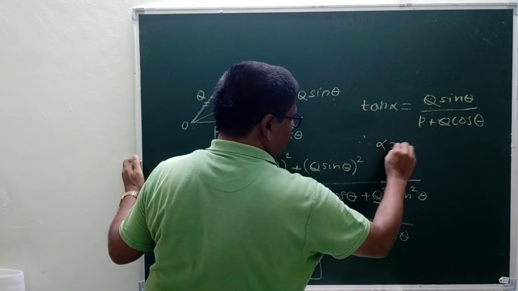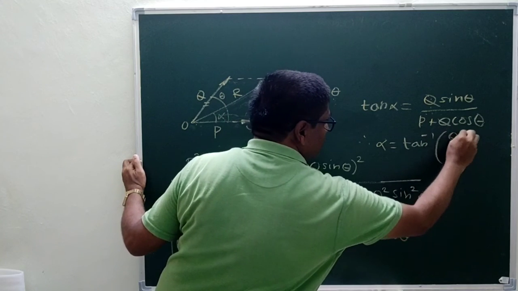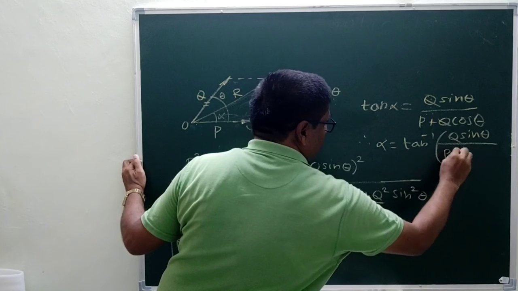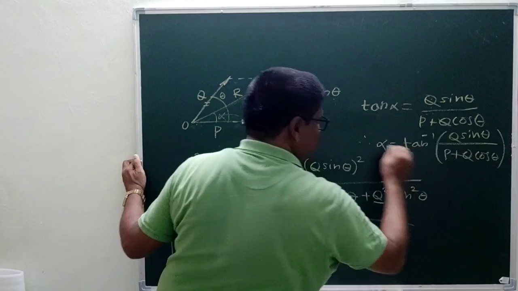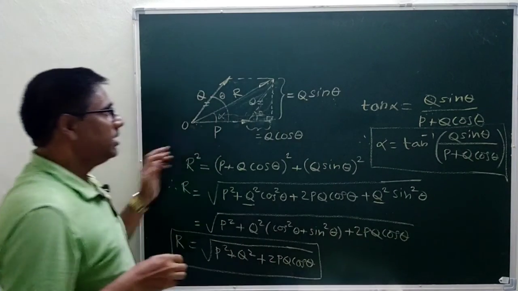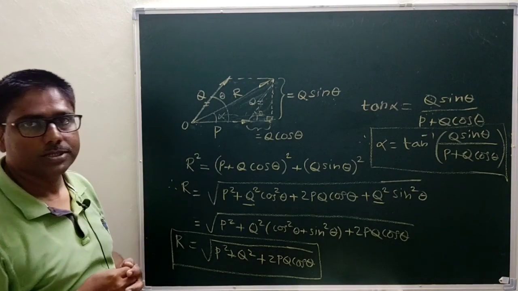Therefore, alpha is equal to tan inverse of Q sin theta upon P plus Q cos theta. This is the expression for direction of resultant for the law of parallelogram of forces.